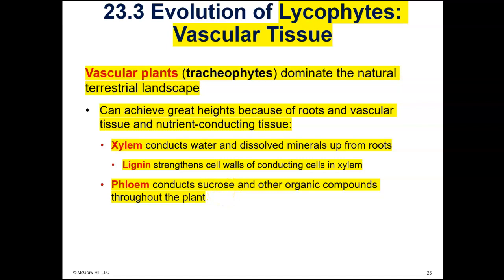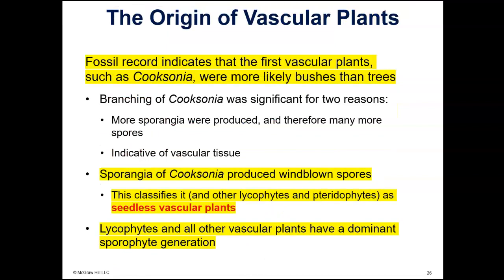When the plant makes its own food in the leaves through photosynthesis, it conducts that food all the way throughout the plant, even down to the roots. In fact, a lot of times the food is stored in the roots as starch. So xylem conducts water and minerals up, and phloem conducts food down. That's how I remember them. Those are the two types of vascular conducting tissue found in vascular plants.